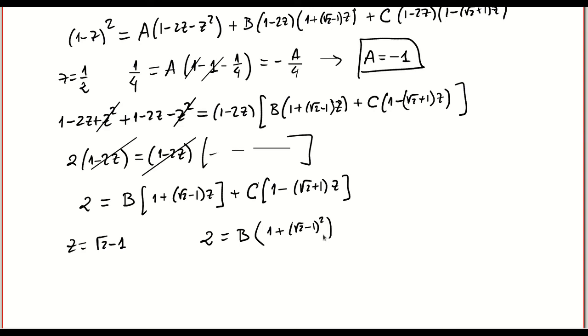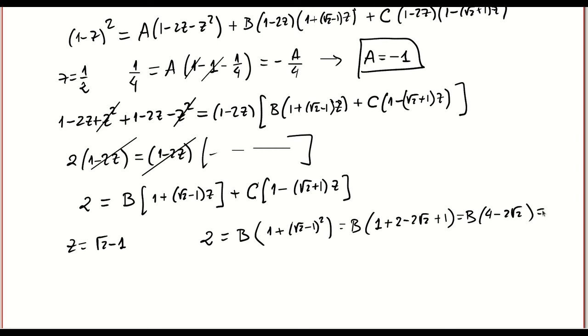And if I expand this, what I have is b times (1 plus the square of this, which is 2, the double product, which is 2 square root 2, and then 1), or b times (4 minus 2 square root 2).